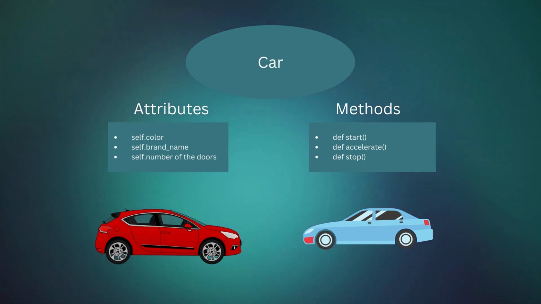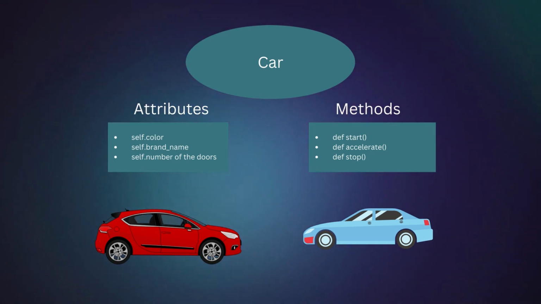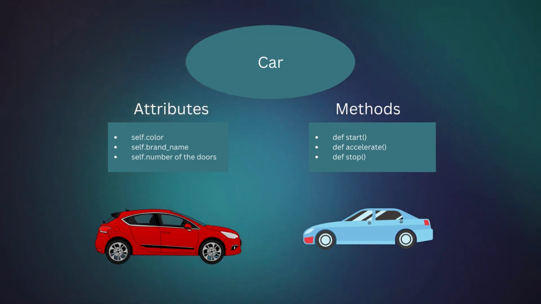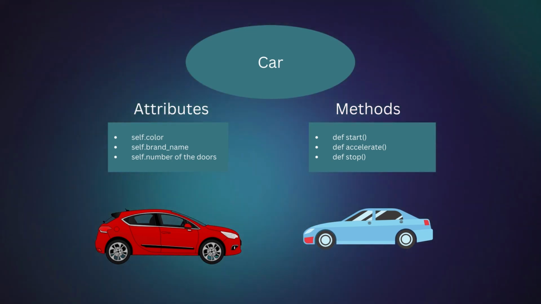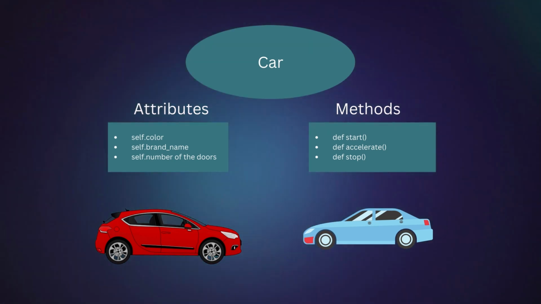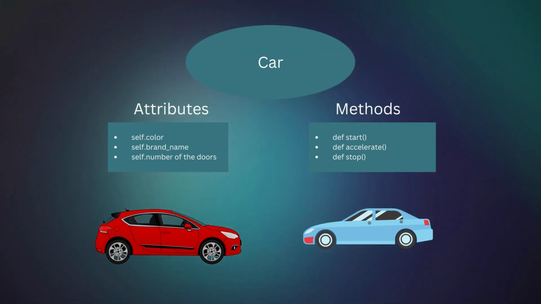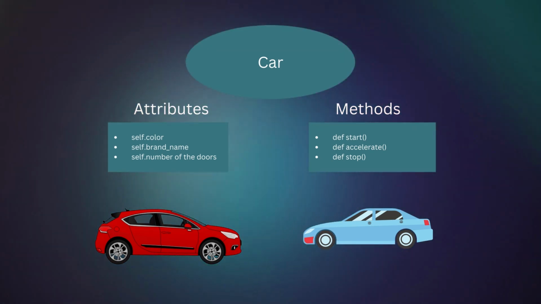Both cars have the same properties and can perform the same actions defined by the class. They both have colors and brand names, and they both can start the engine and stop. So they have similar attributes and similar methods.